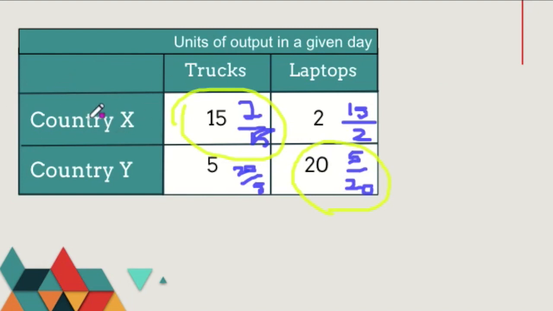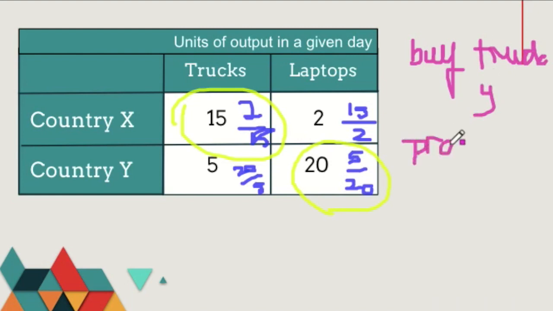Now, country X is going to be making the trucks and supplying them to country Y. That means the buyer for trucks is going to be country Y, and the producer for trucks is going to be country X. We said that the opportunity cost of the producer and the opportunity cost of the buyer give the range where both sides are going to be happy.